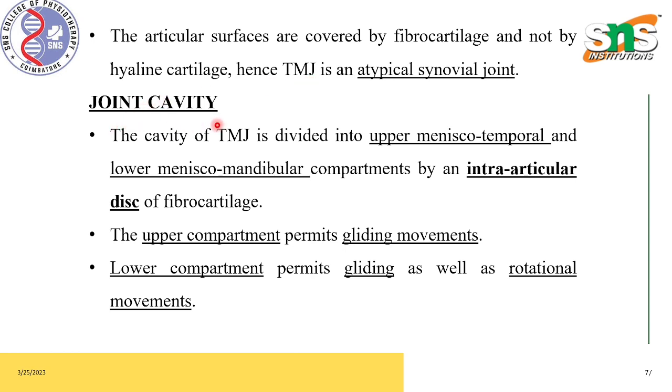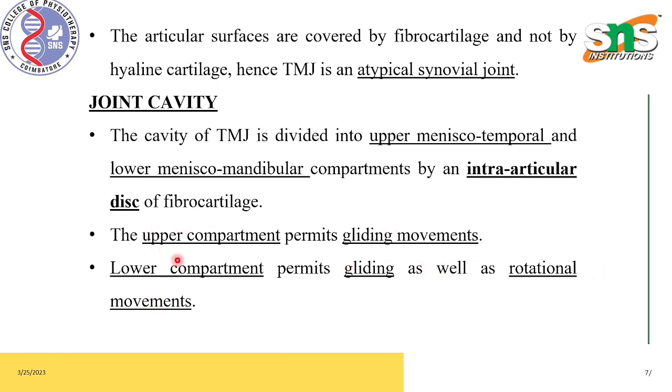Coming to the joint cavity, the cavity of the temporomandibular joint is divided into upper meniscotemporal and lower meniscomandibular compartments by an intra-articular disc of fibrocartilage. The upper compartment permits gliding movements. The lower compartment permits gliding as well as rotational movements.